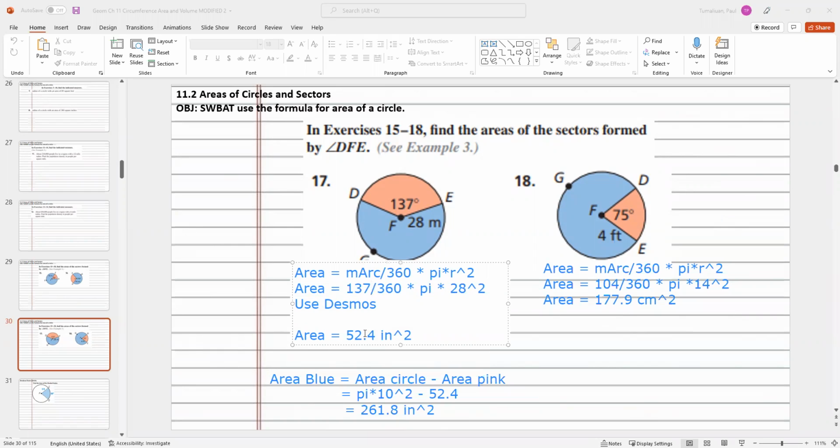Use Desmos: 137 divided by 360, the cursor on top, times pi times 28 squared, 937.3. That's meters squared.